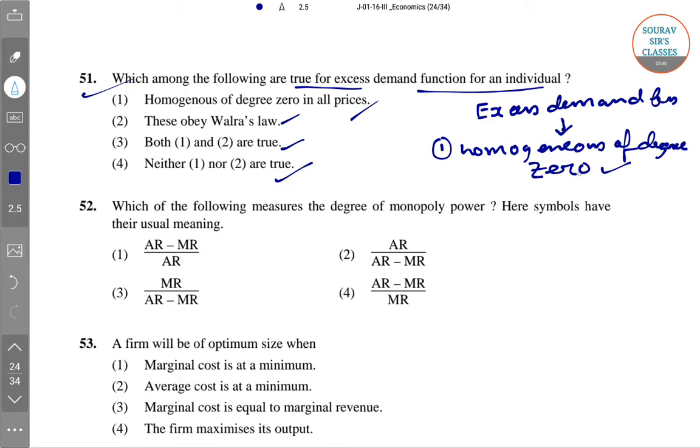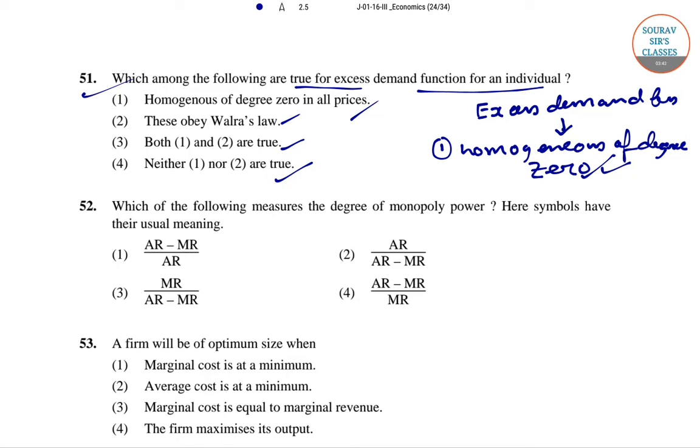It is homogeneous of degree 0. Then the next thing is that they obey Walras law. So it satisfies Walras's law.